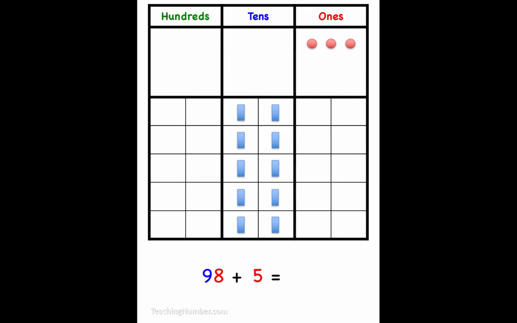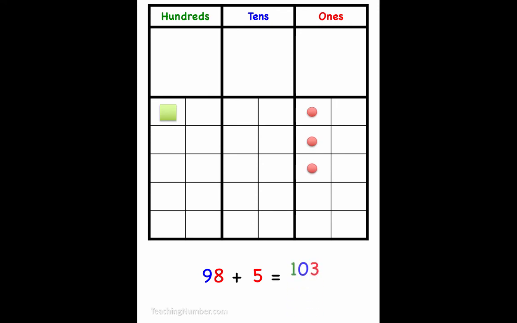Notice that we now have 10 10s, so we must unitize the 10s to become 100. Now we add the remaining 3 loose ones, and we see that 98 plus 5 is 103. That is 100, 0 10s, and 3 1s.